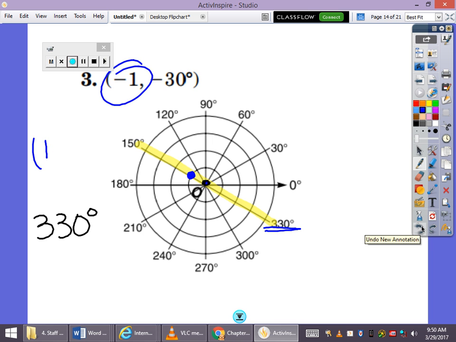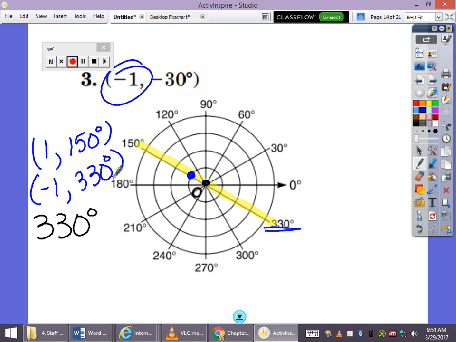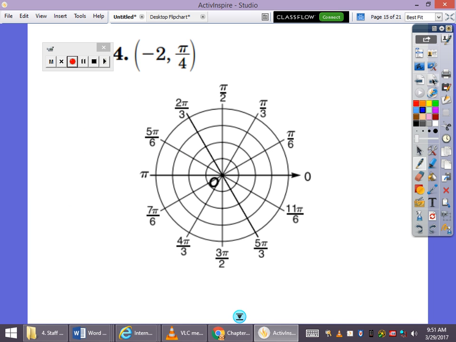Okay, it's a positive 1 and then 150 degrees, right? I could have also said negative 1 and 330 degrees. They all get me to that point. Okay? And that's actually something that you're asked to do on your homework tonight, which we'll probably get to before you leave. Good? Okay. All right, next one.